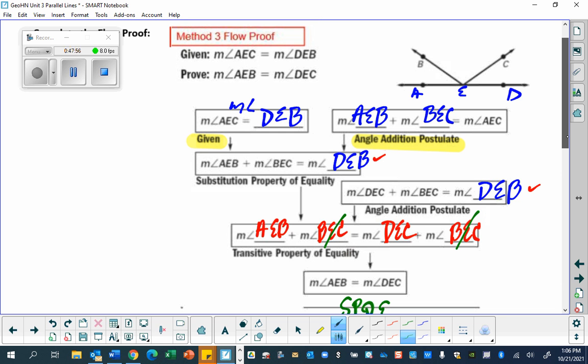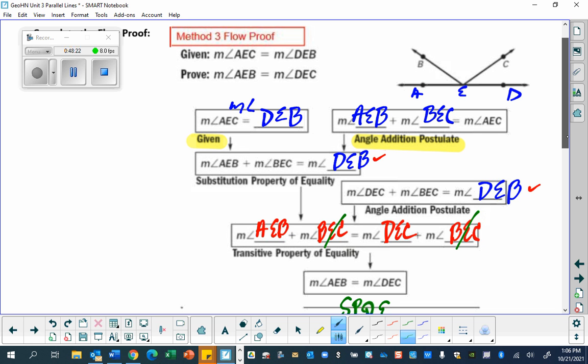So what you have on your landscape note sheet, did everybody get that? Yeah. You guys have a landscape note sheet? What you have on that landscape note sheet is this idea that the same proof can be done three different ways.